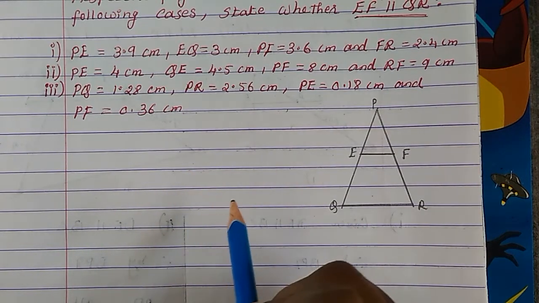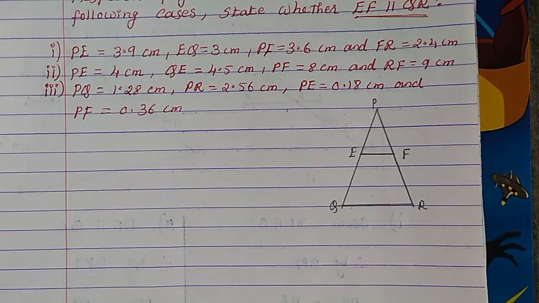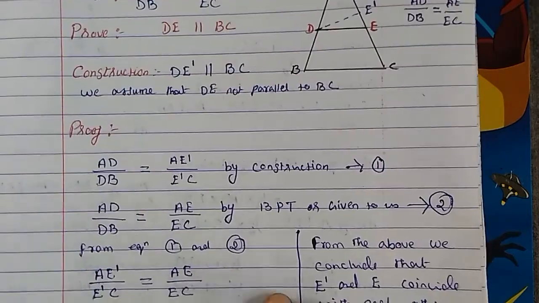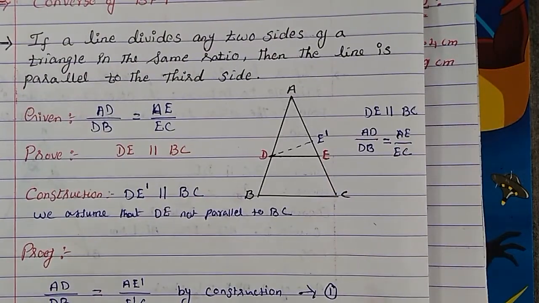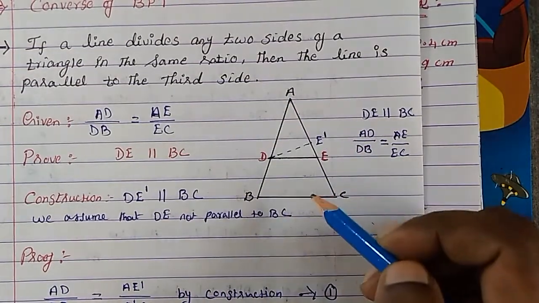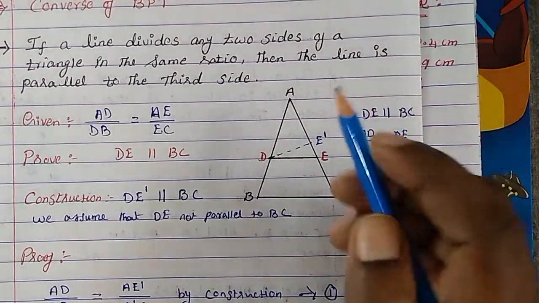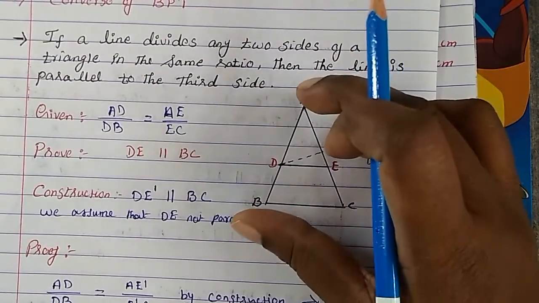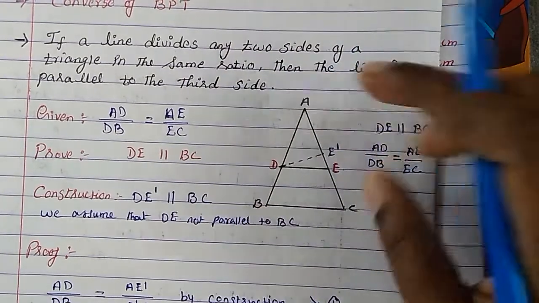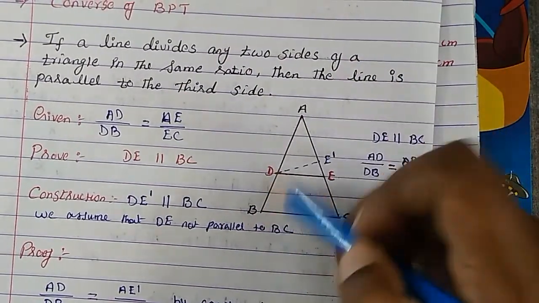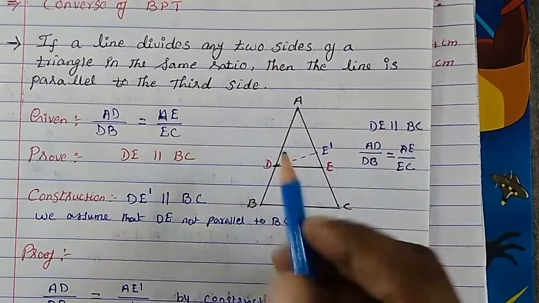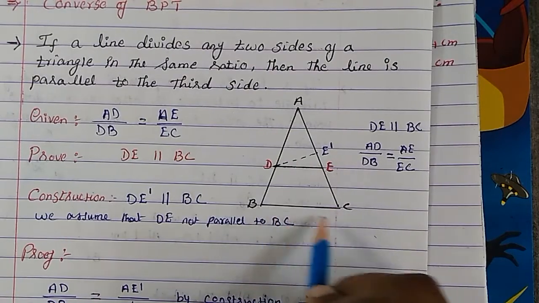Okay, for this we have to refer to the converse of the basic proportionality theorem. That is theorem 6.2 I have taught you. So please go through this. In short, when the ratio of these two sides, that is AD upon DB, is equal to the ratio of the other two sides, AE upon EC, then we can say that this line is parallel to the other side.